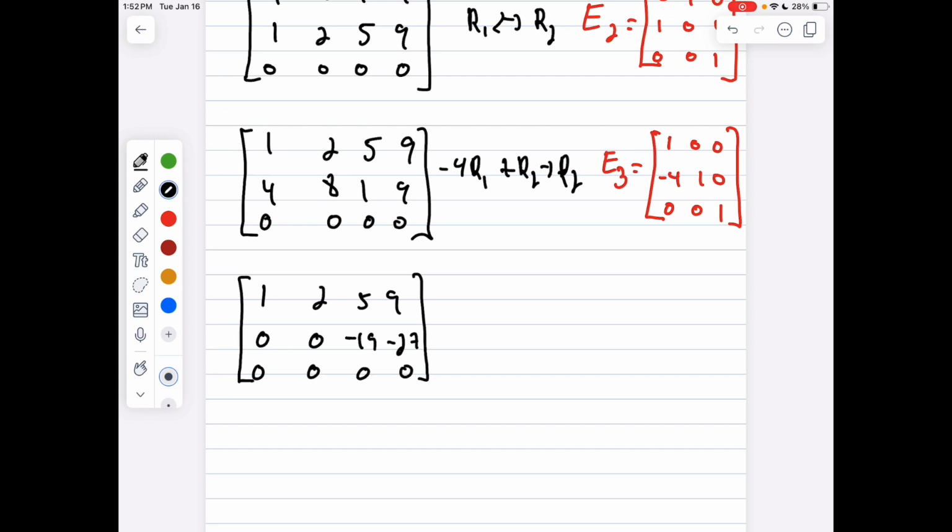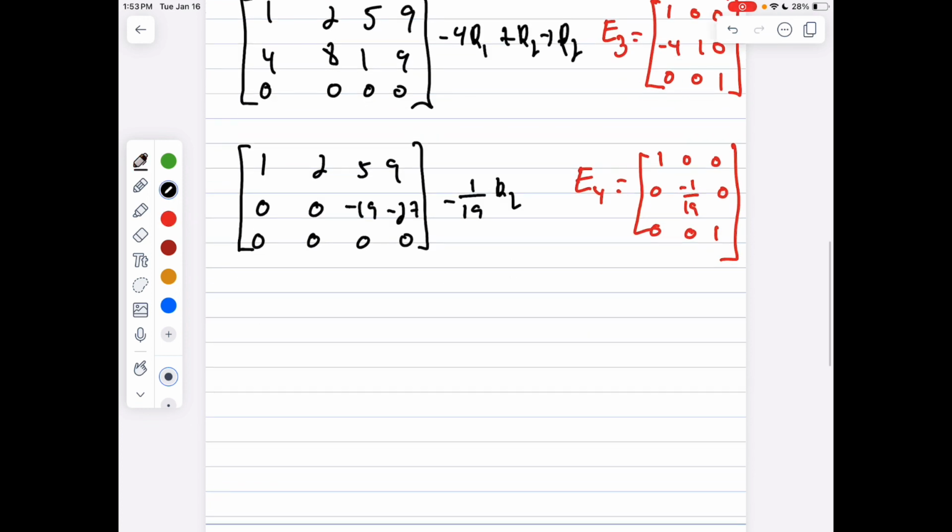All right, so I've got one more step to make this into echelon form. When you have that -19, that's a pivot position, and I like to make that a leading 1, in other words. So I'm going to multiply the second row by -1/19. And I'm going to write out my matrix E4, which does that operation on the identity, and this is what you get.